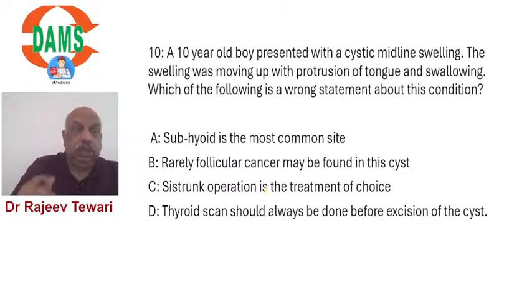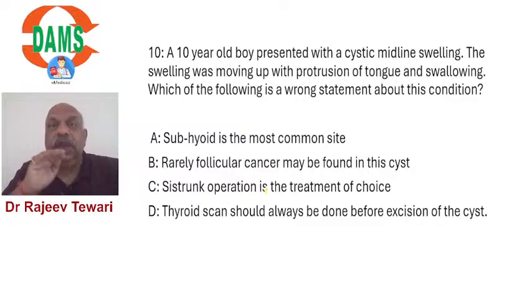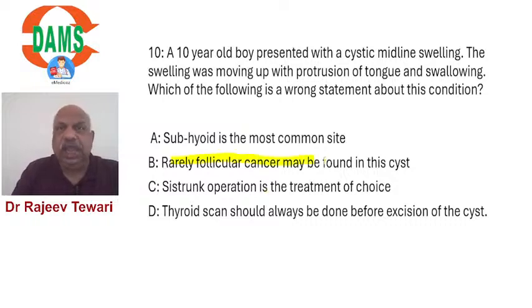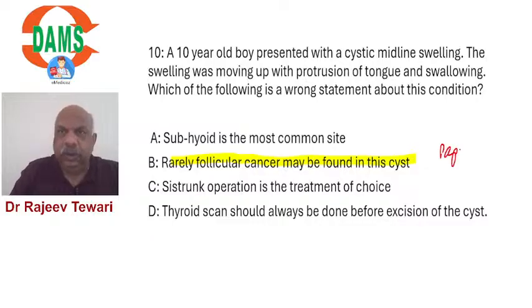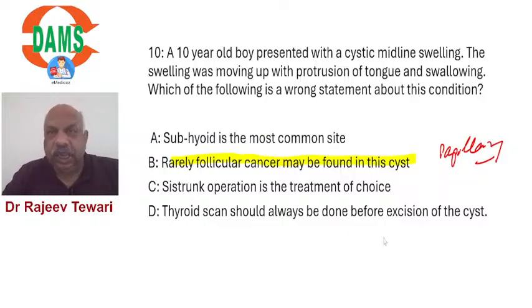So this is a thyroglossal cyst. We can make the diagnosis: firstly age, boy; secondly it moves up with deglutition and protrusion. Thyroid moves up with swallowing but not with protrusion. With protrusion, this is thyroglossal cyst. And follicular cancer is not high here. Papillary cancer may be found. So the rest of the points are correct.